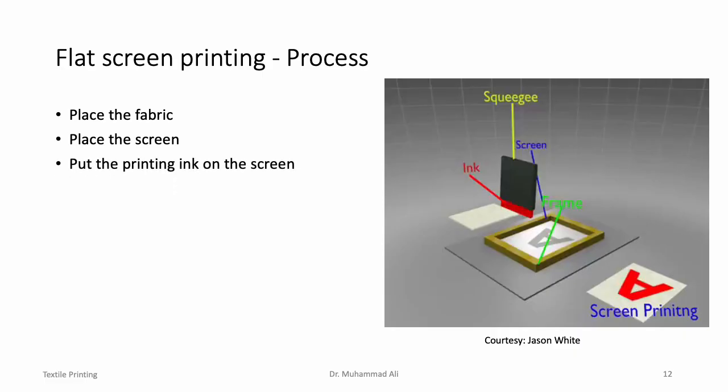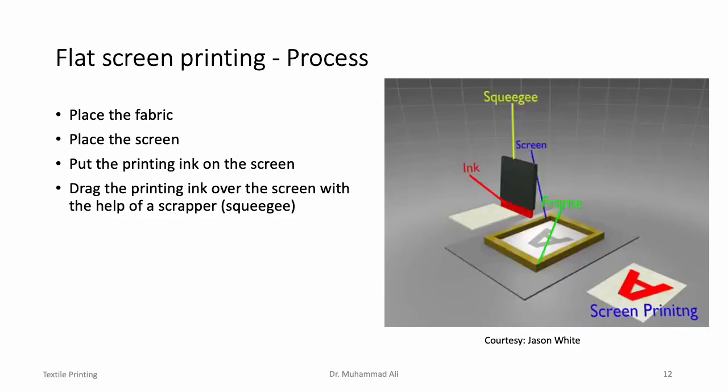We put the printing ink on the screen, and then this printing ink is dragged across the screen with the help of a scraper, which is known as a squeegee. After this, the screen is lifted and the fabric, which is now printed, is removed from the area under the screen.